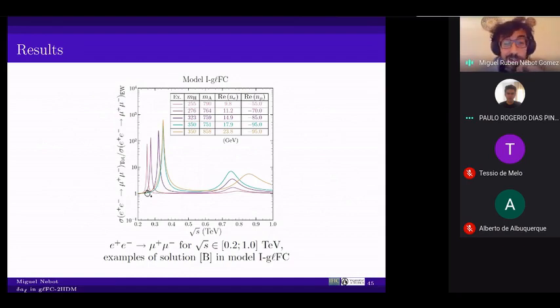So what you would expect is to see huge resonances showing up. This is just the ratio of that cross-section over the electroweak one. For the electroweak one, more than 90% is channeled through a photon. Here you are increasing that by several orders of magnitude, depending on the different masses. These are just a few examples, to see that at least one of those solutions with this kind of weird couplings is quite falsifiable at an e+ e- going to mu+ mu- facility.